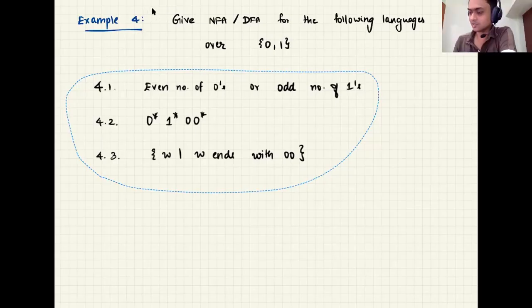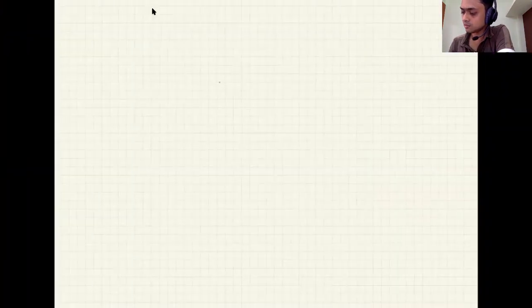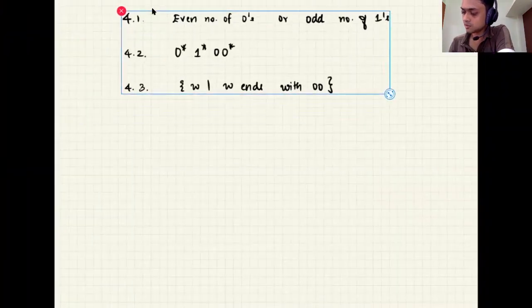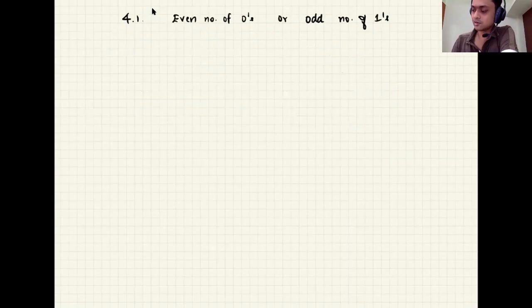So yeah, let me start explaining. The first one: even number of zeros or odd number of ones. Rahul's comment came at a good time about the OR.